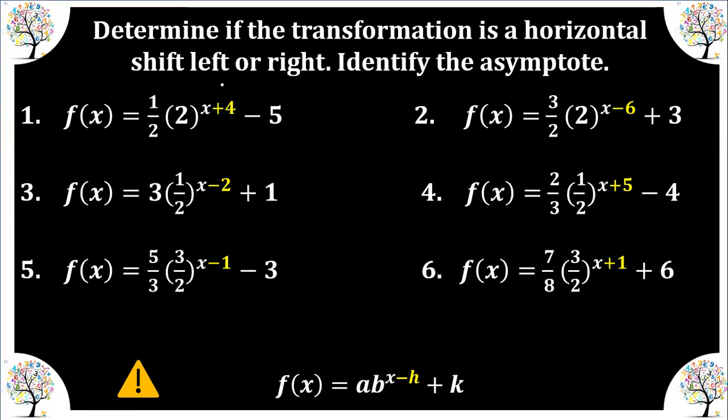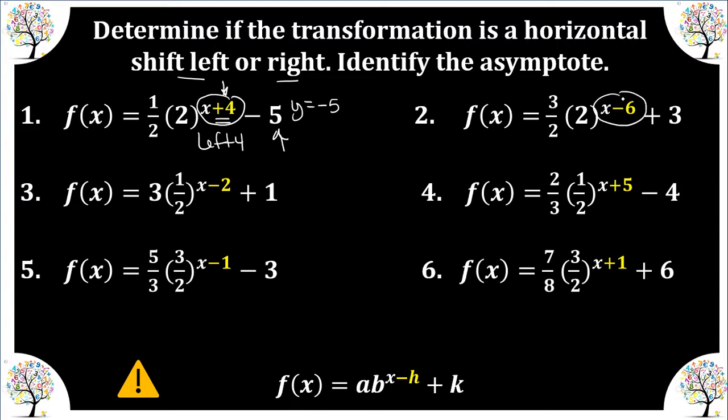So here, again, we're only going to look at what's been added or subtracted from x to tell us if we have a left or right shift. So remember, it's the opposite of what you naturally would think. So when we add, we are going to be shifting left 4 units. My asymptote is y equals -5. But this value had nothing to do with our asymptote, only the k.